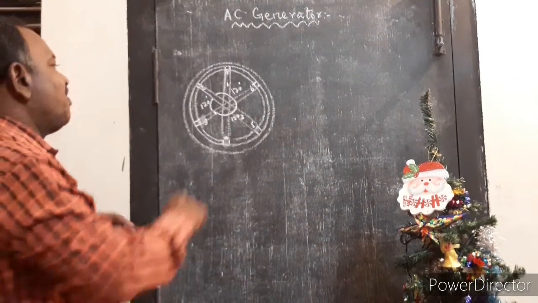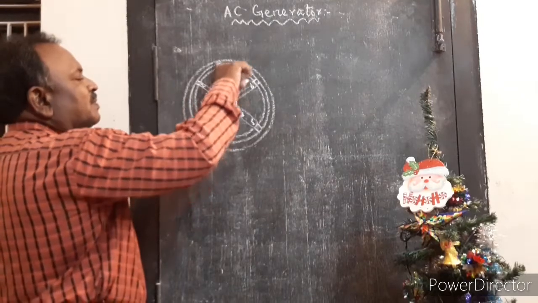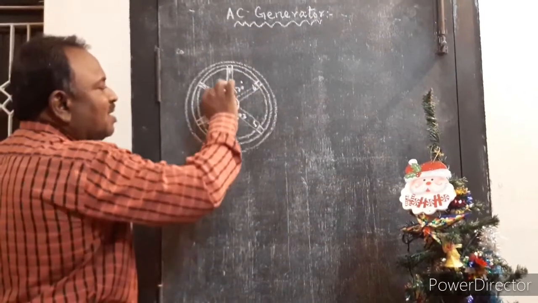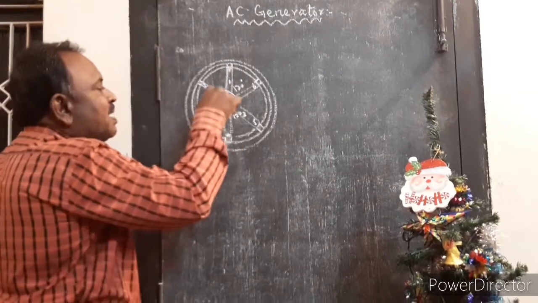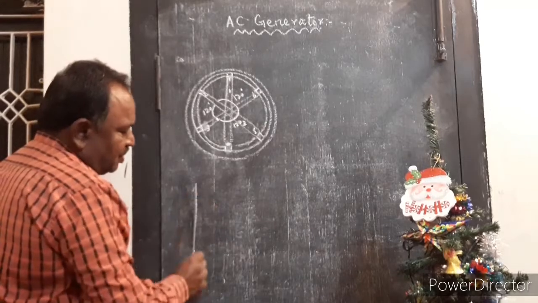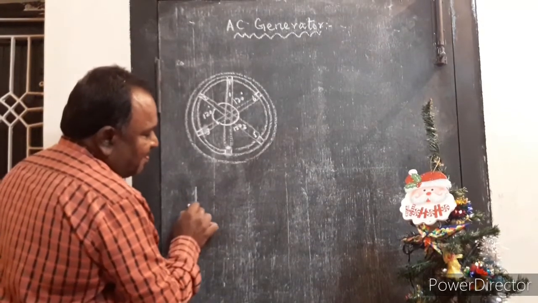Now, when the armature has 3 coils and the rotor is rotated inside this armature, it will produce EMF.